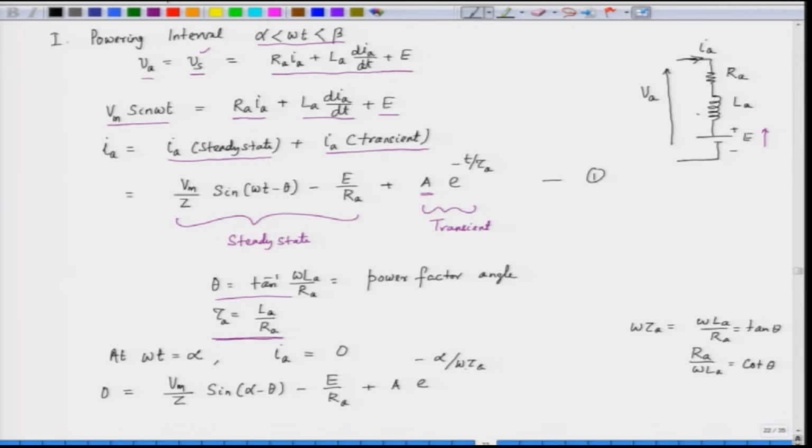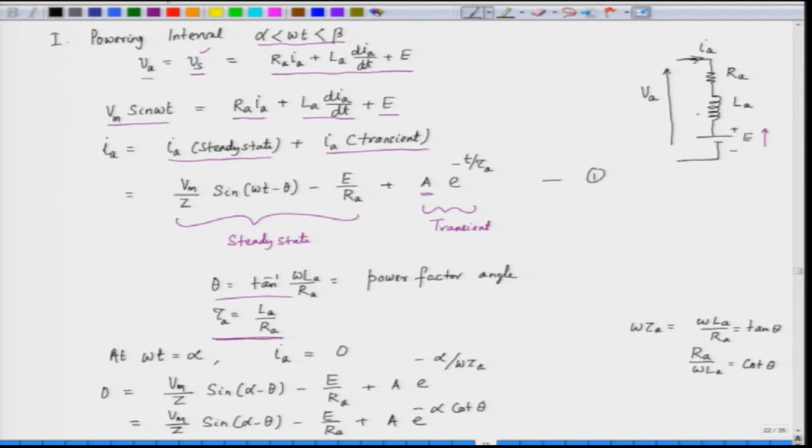Since this is 1 by omega tau A, we can rewrite this as Vm by Z sin(alpha minus theta) minus E by RA plus A exponential of minus alpha into cot theta.